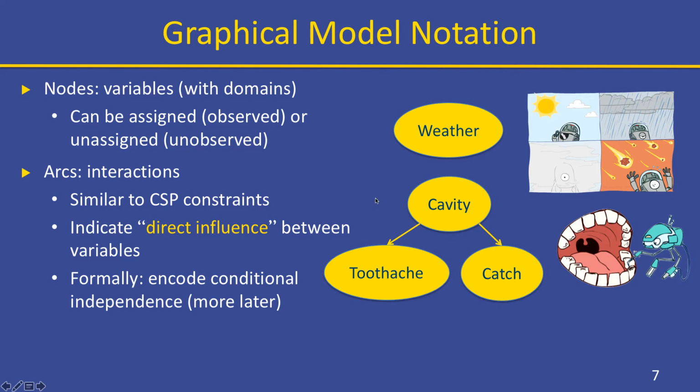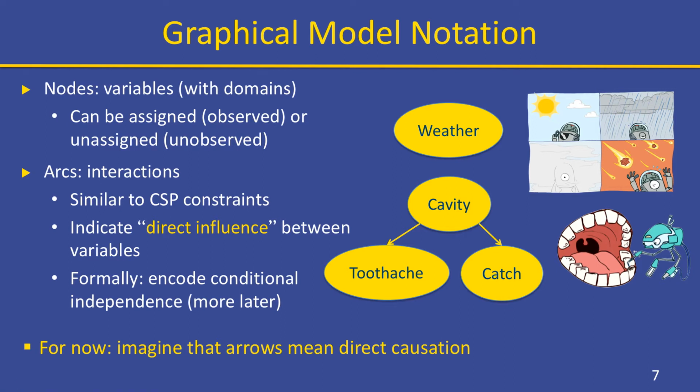So for the random variables cavity, toothache, and catch, this is how we would draw our Bayes net. Cavity has a direct influence on toothache, and cavity has a direct influence on catch. So for now, we'll imagine that the arrows mean direct causation. We'll see later that this does not have to be strictly true.